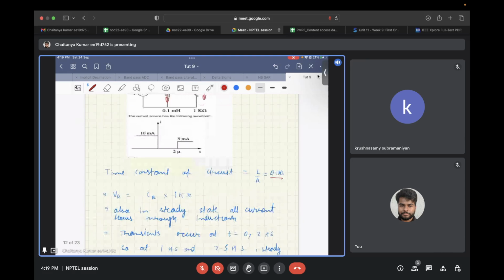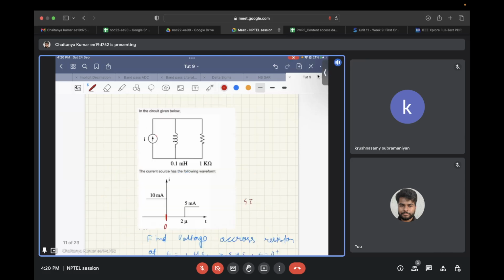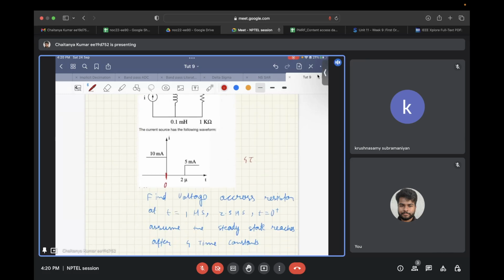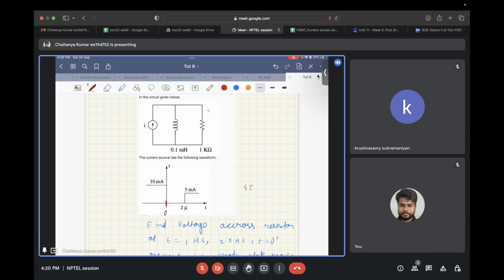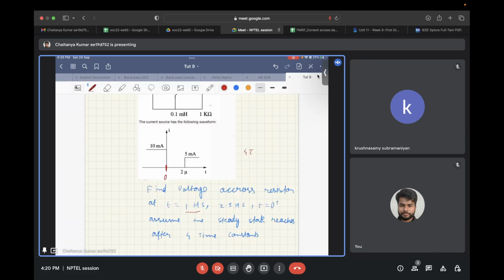From the graph of the current that is shown, it is obvious that the transients occur at 0 microseconds and 2 microseconds. And in the question, you have been asked the value of the voltage developed across this resistor at t equal to 1 microsecond, 2.5 microseconds, and 0 plus.